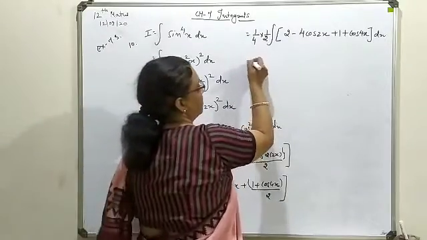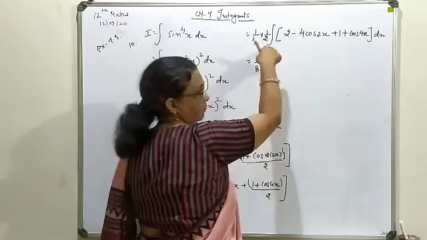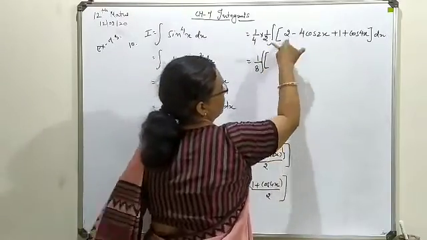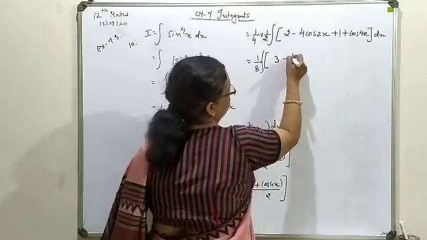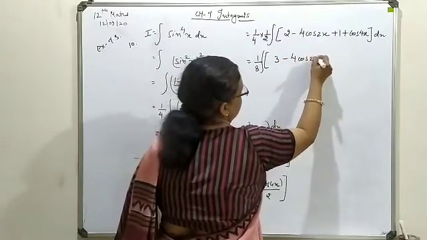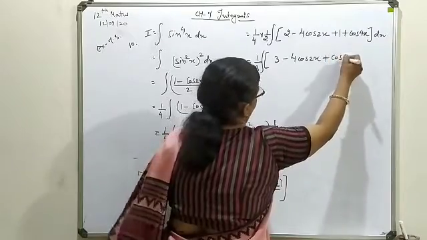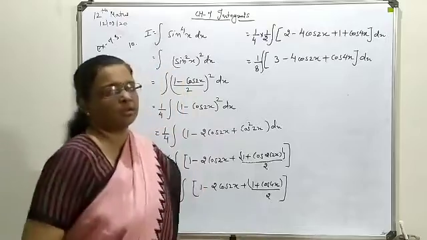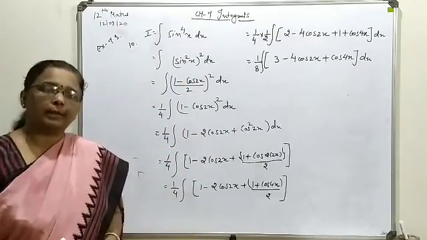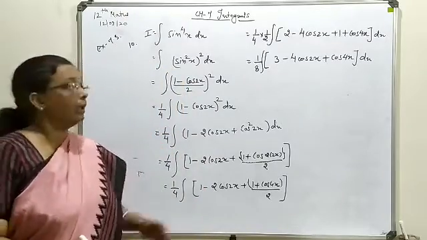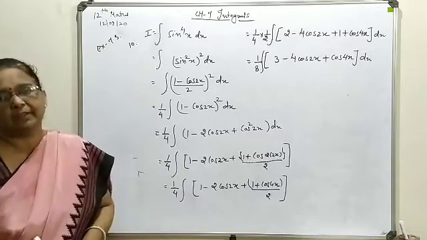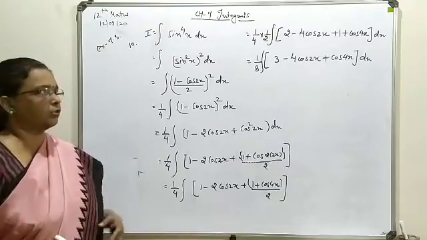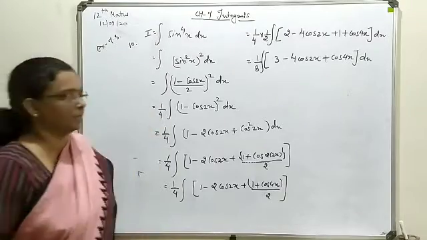Now combine your constants and make these two outside multiply, that is 1 by 8. This is 2 plus 1, 3, minus 4 cos of 2x plus cos of 4x. Now if you study this combination, each term is available for integration separately. None of the terms is written in a combined form or in such a way that it can't be handled for further integration. Now integrate each term separately.